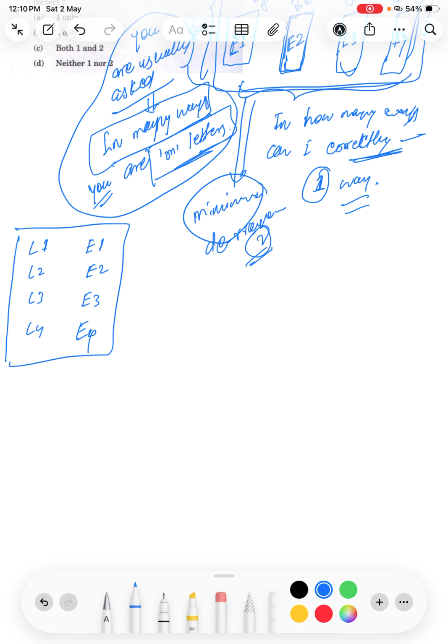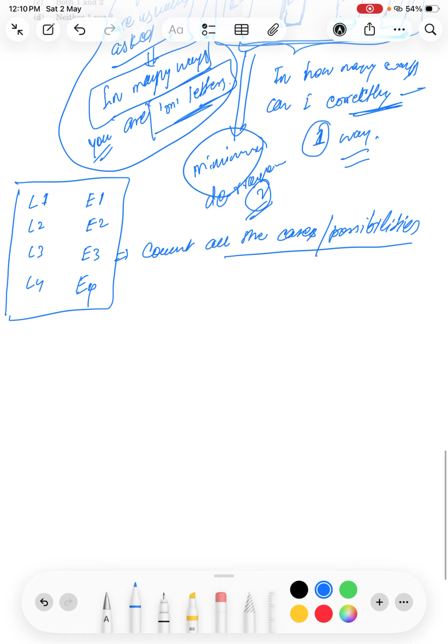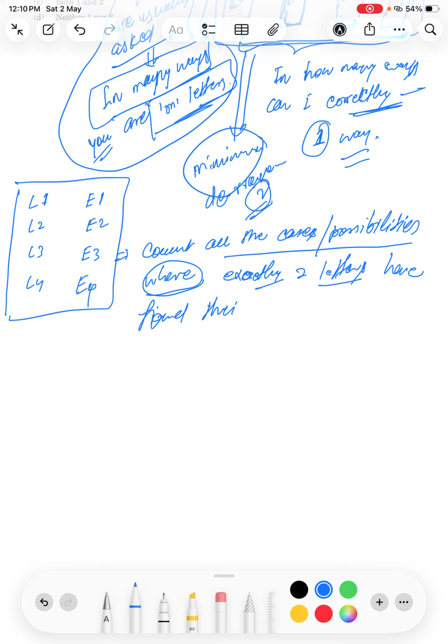We have to count all the cases, possibilities, where exactly 2 letters have found their place in the right envelope.